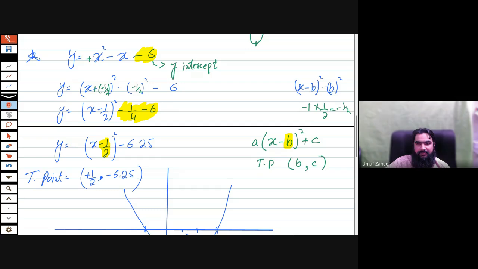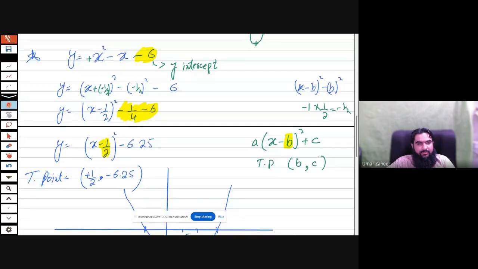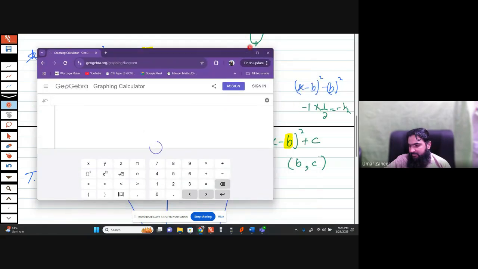I'm going to share my full screen and just want to show something. Yes, everyone. Can you see my screen?